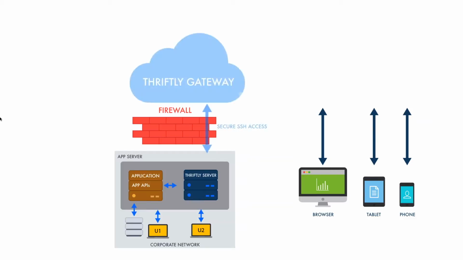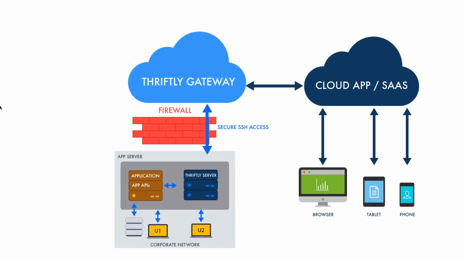Thriftly takes a little bit of a different view. What Thriftly does is put a Thriftly server in your environment that allows you to expose business logic as APIs, and then it exposes those APIs through the Thriftly gateway that can now be called either directly from cloud and mobile applications, or they can be called from another SaaS application and served to other customers.